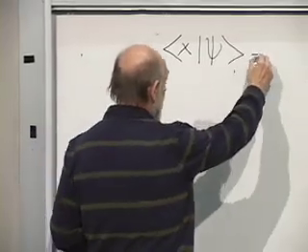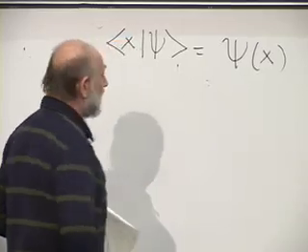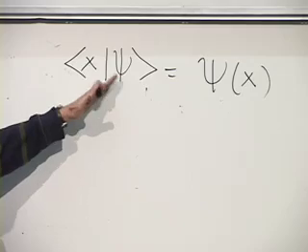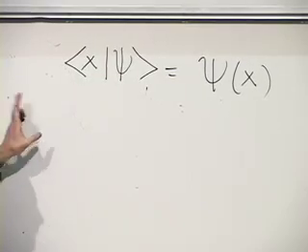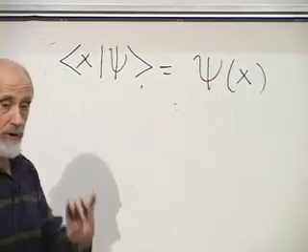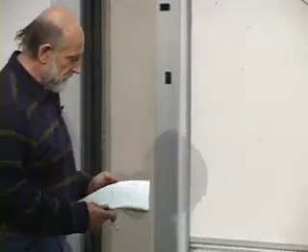This is called psi of x. According to the postulates of quantum mechanics, the product of this with its complex conjugate, psi star psi, is the probability to find the particle at x, or the probability density to be precise. Okay?